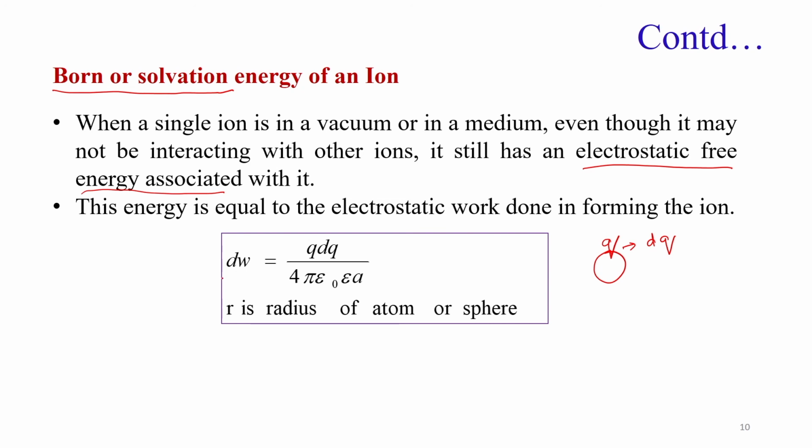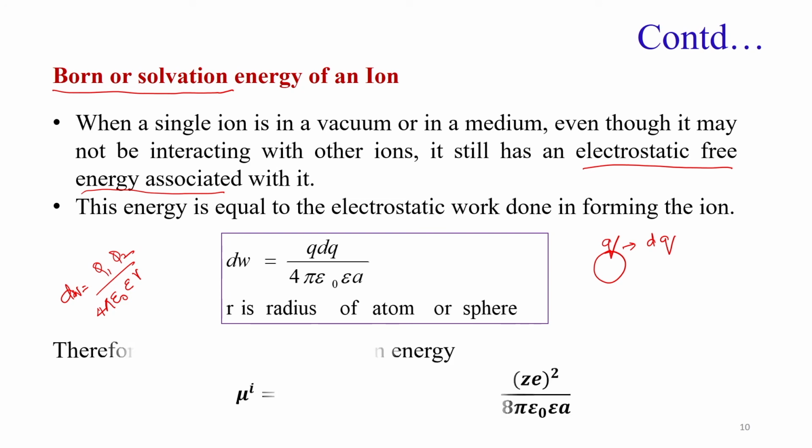We can simply calculate dw as, if you remember, q1 q2 upon 4 pi epsilon naught epsilon r. So, here q1 will be q and q2 will be dq, over 4 pi epsilon naught epsilon r. This is simply called the Born energy, meaning the electrostatic free energy of a single ion.